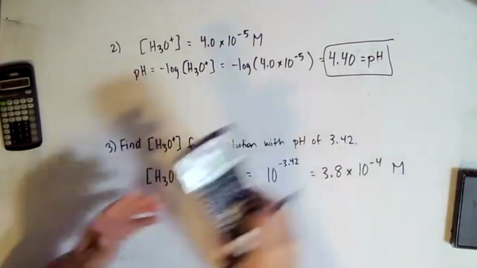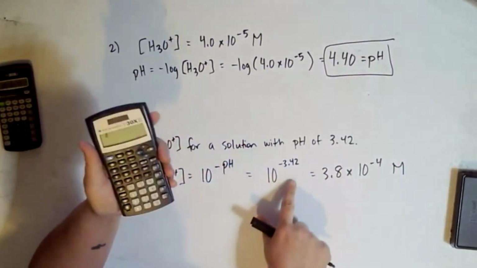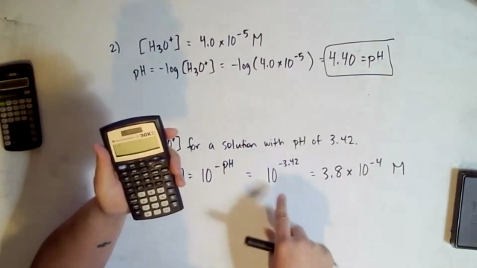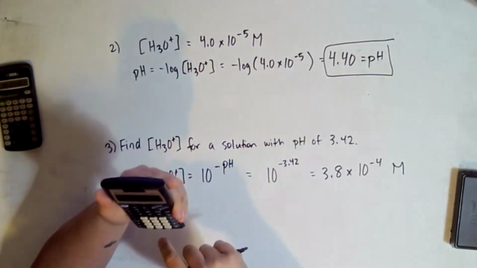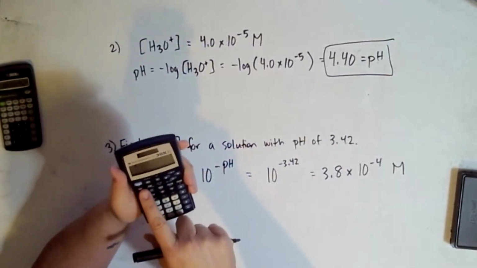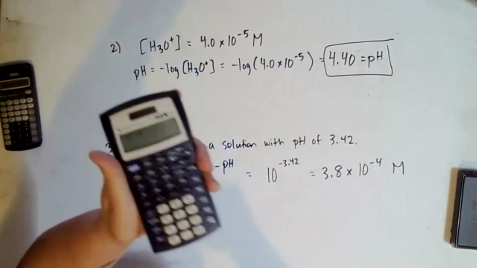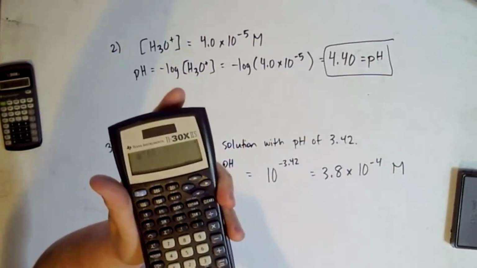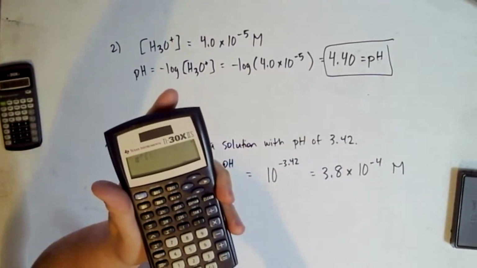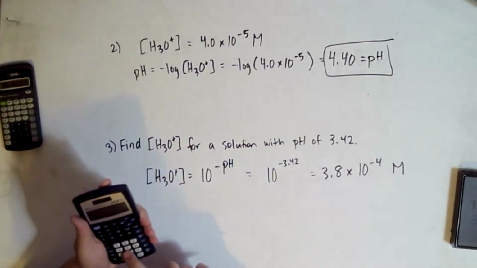If you got a calculator like this one, you can put this in a little more, I guess, logically. You can do the 10, the second key, and then hit log, and you'll see that it brings up a 10 with a little caret and then a parentheses, and it's just waiting for you to put in the number. So then you can put in negative 3.42.